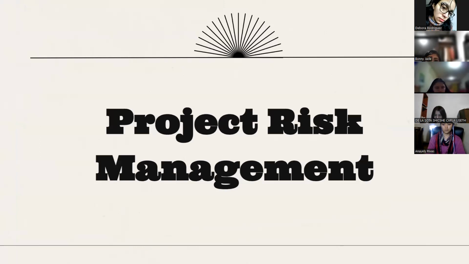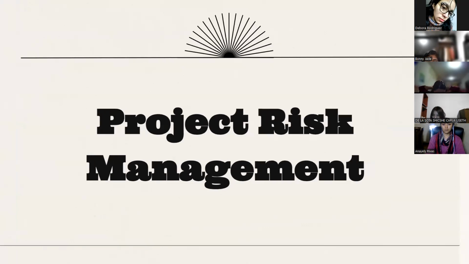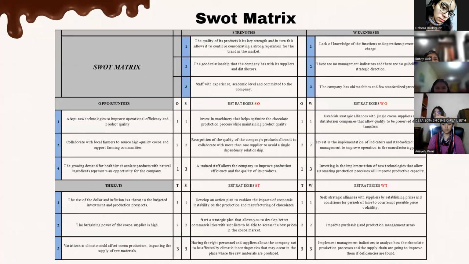Okay, now I'm going to start with project risk management. Next slide, please. First of all, we have the SWOT matrix. In strengths, we consider that the quality of its products is key to the trade, and in turn this allows it to continue consolidating a strong reputation for the brand in the market. Then the good relationship that this company has with its suppliers, distributors, and its staff.